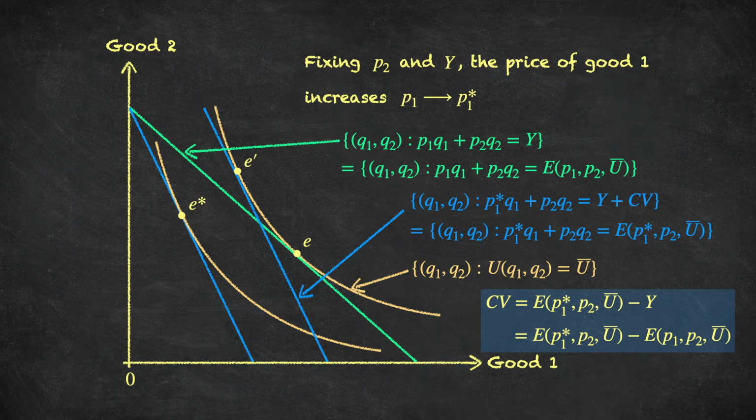So here CV is the expenditure function evaluated at P1 star, P2 and utility U bar minus your original income. And we know that the original income is the same as the expenditure function evaluated at P1, P2 and U bar. Okay, so that's quickly going over the compensating variation measure derived previously.